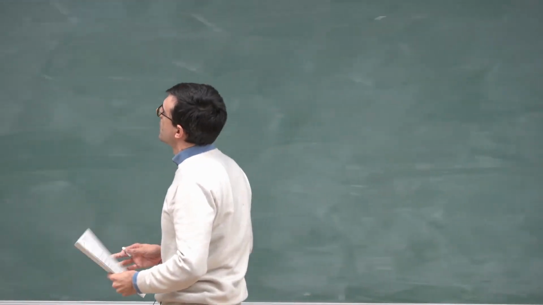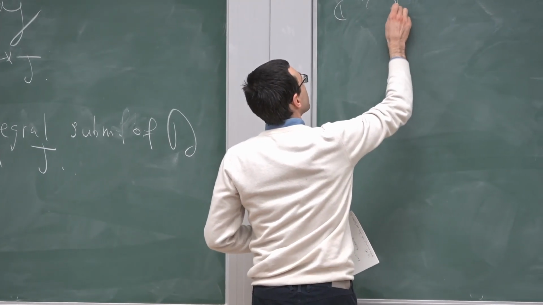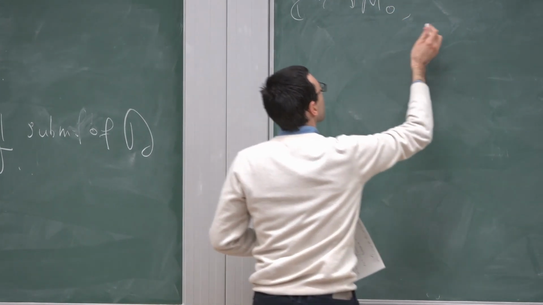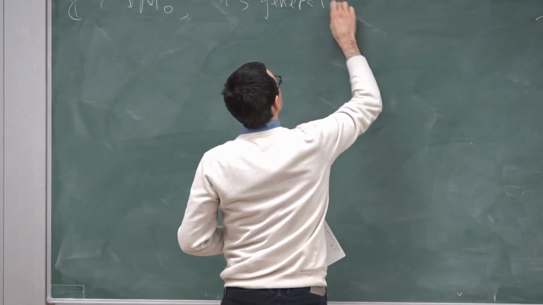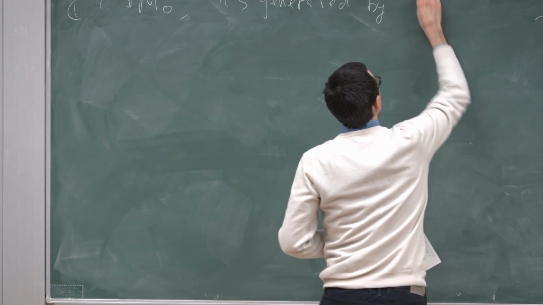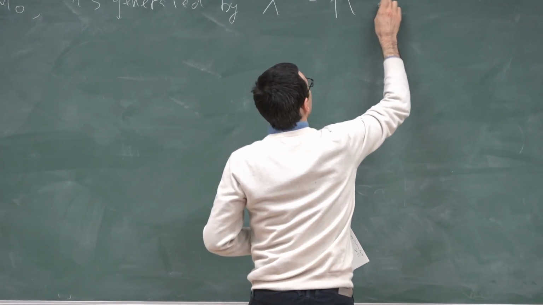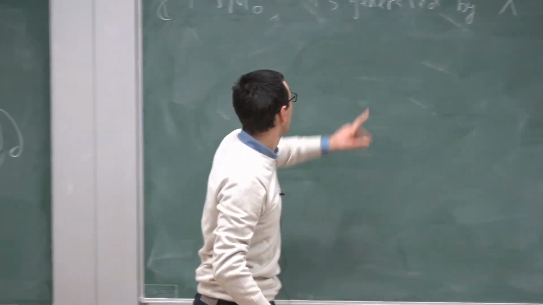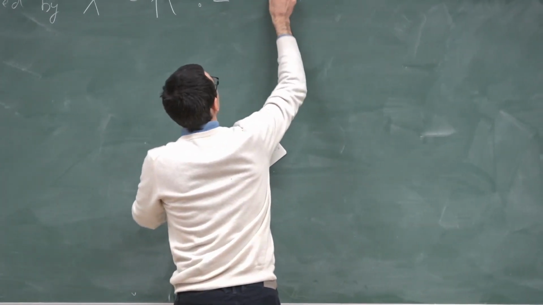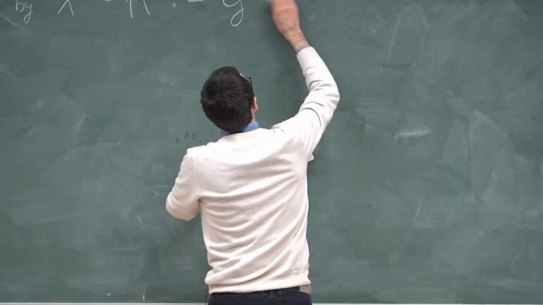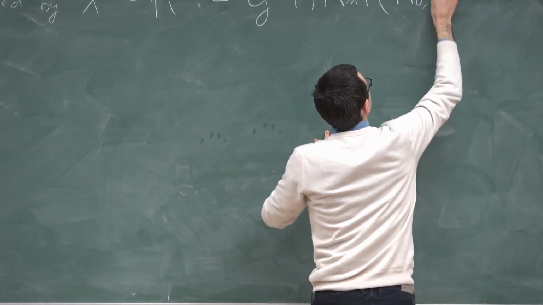This C-star acting on M naught is generated by some vector field, say X, which is inside the group of Hamiltonian automorphisms of this special point M naught, which is the intersection of G with the automorphisms of M naught, J naught.